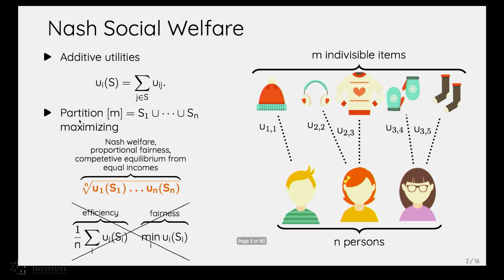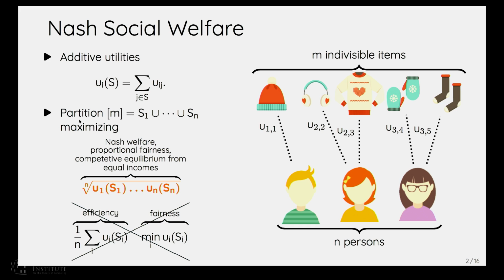This is in contrast to two other notions. If you are coming from a utilitarian worldview, you would care about efficiency of the allocation and you would try to optimize the average of the utilities of the people. If you really care about fairness, or if you're egalitarian, then you would care about maximizing the minimum utility.